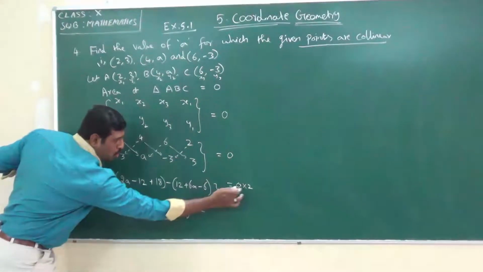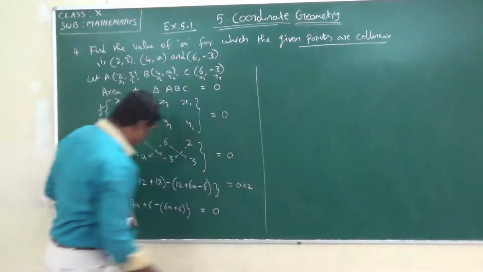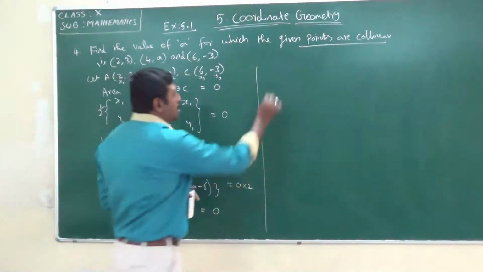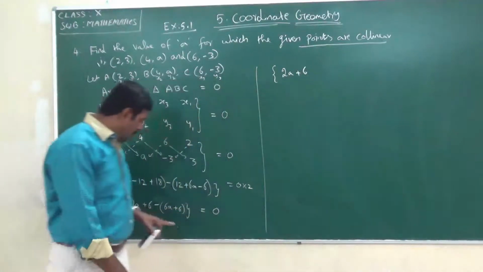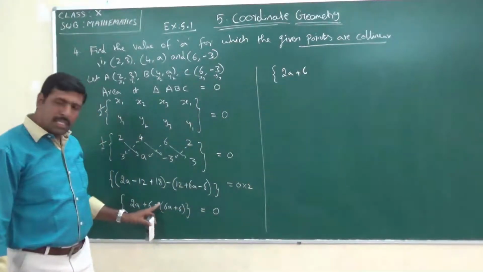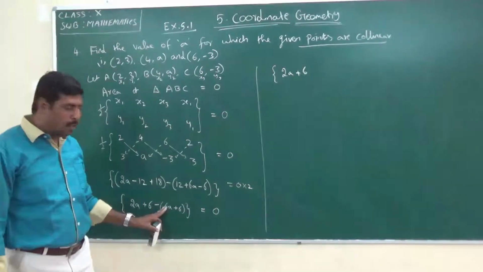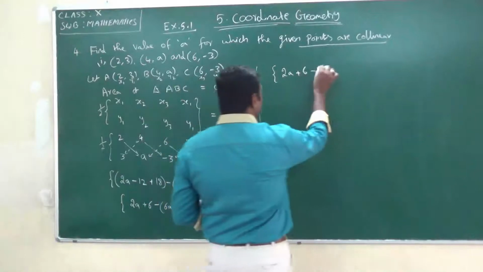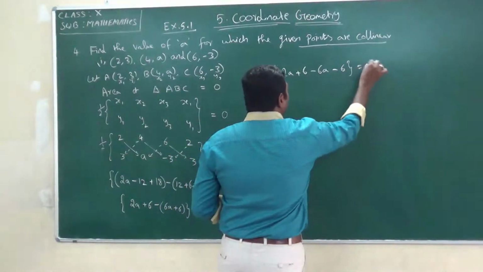This term is equal to 0 into 2, which is 0. Now 2a plus 6, minus of 6a plus 6. When I remove this bracket, we have to multiply the symbols, right? Here both have positive values, so we have to change into negative. That is minus 6a minus 6 is equal to 0.